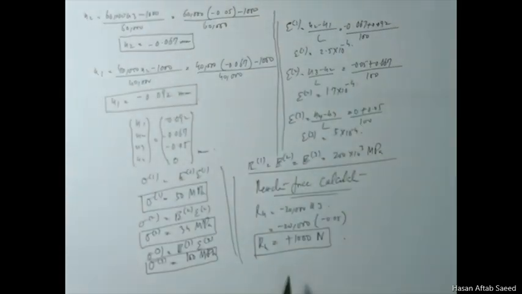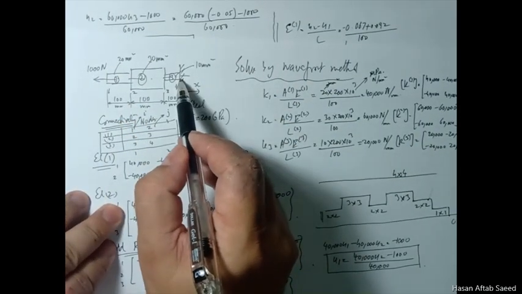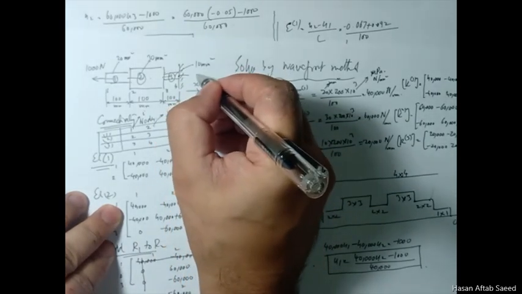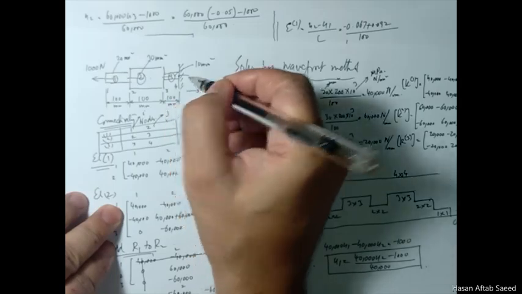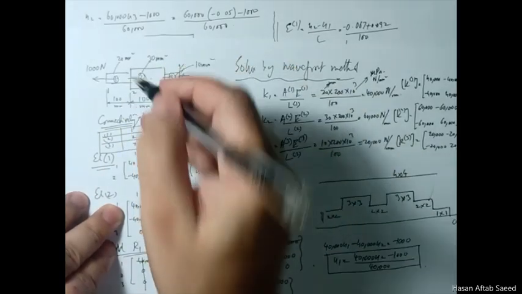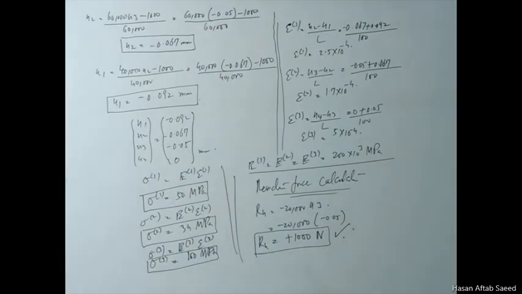Why plus makes sense? 1000 Newton in the plus direction. If this is the applied force, then for the displacement here to be 0, a force of 1000 must be applied in this direction, which makes sense because minus 1000 plus 1000, the whole system is in equilibrium. So this makes great sense, and this also confirms that the equations, the algorithm that we discussed last time, works.